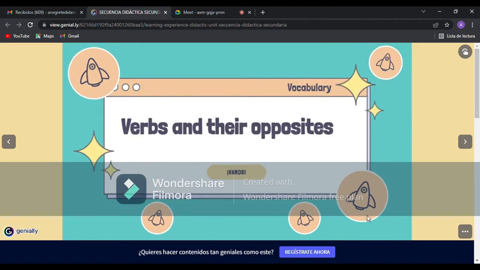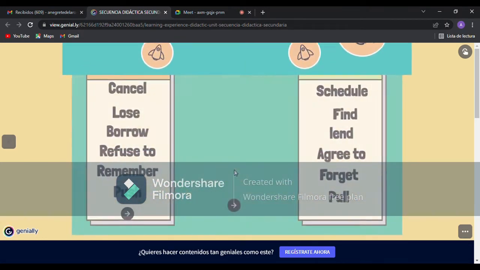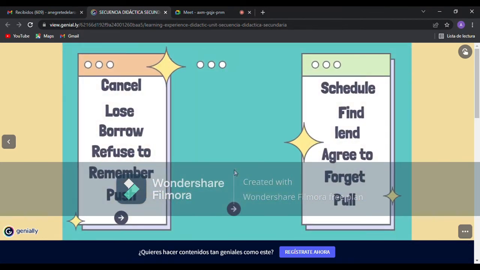Next, verbs and opposites. Let's go. The opposite of the verb behave, parents. Cancel, opposite schedules. Lose, opposite find. Borrow, opposite lend.